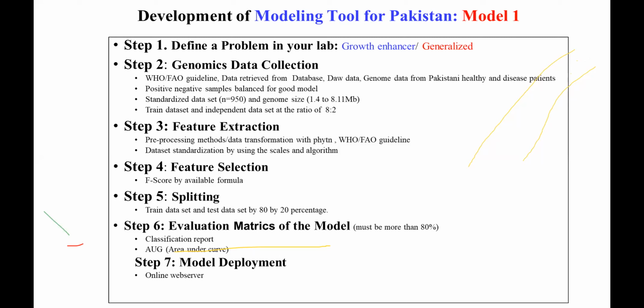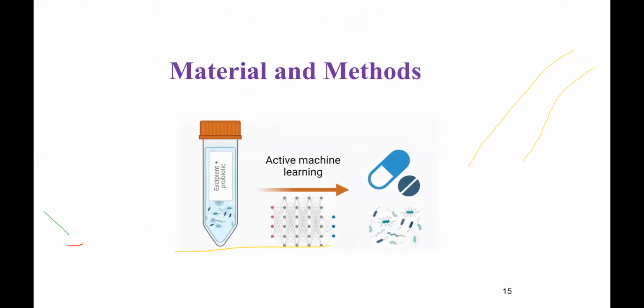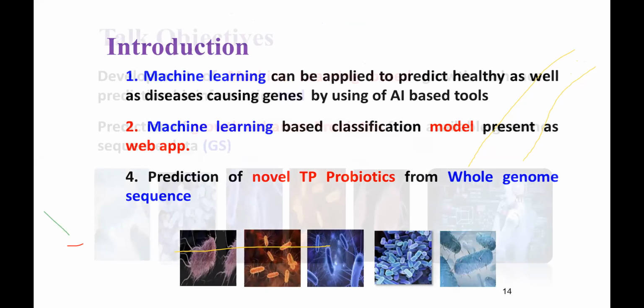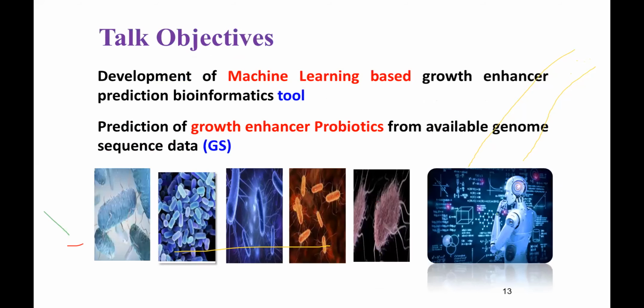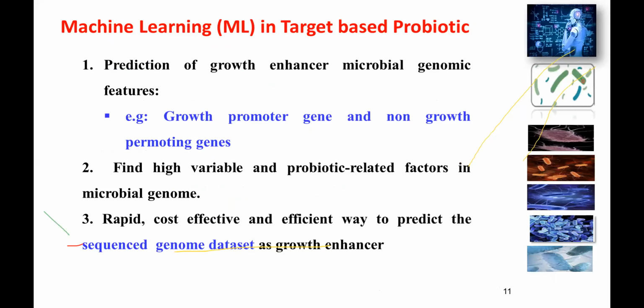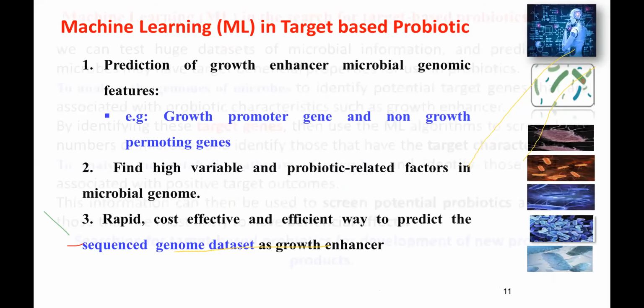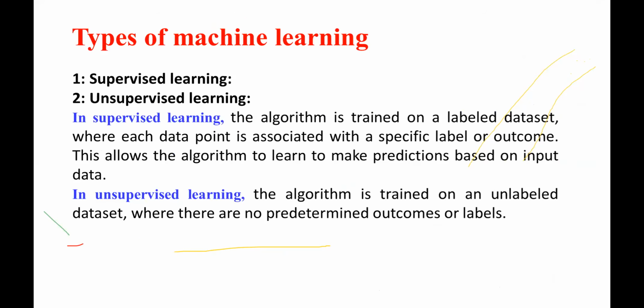Okay, here is the question: is a supervised model or unsupervised model more appropriate? In the supervised model, the machine learning algorithm is trained on a labeled data set, where each data point is associated with a specific label or outcome.